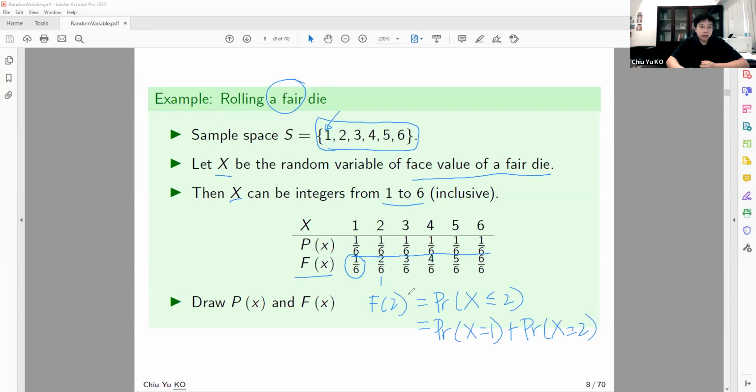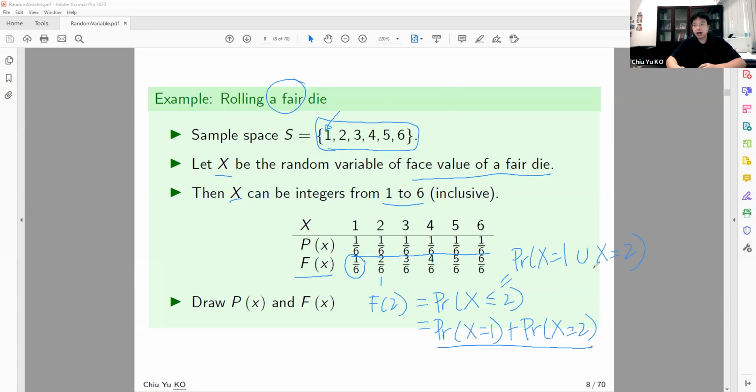Anyone can tell me why you can write this? No one wants to answer? Okay, this is because of the axioms. This is a union of x equal to 1 and x equal to 2, or if you don't like "and," then union.